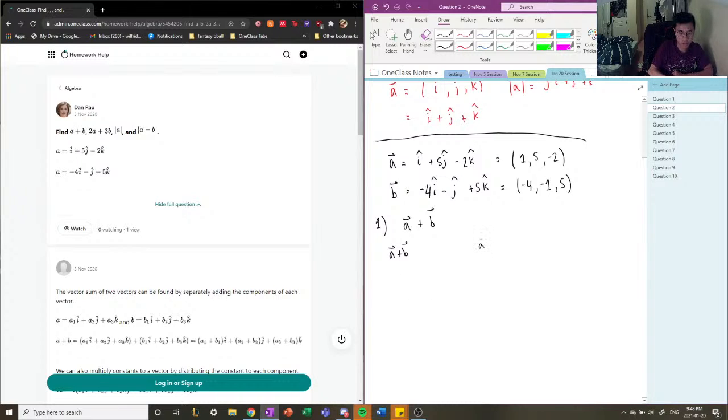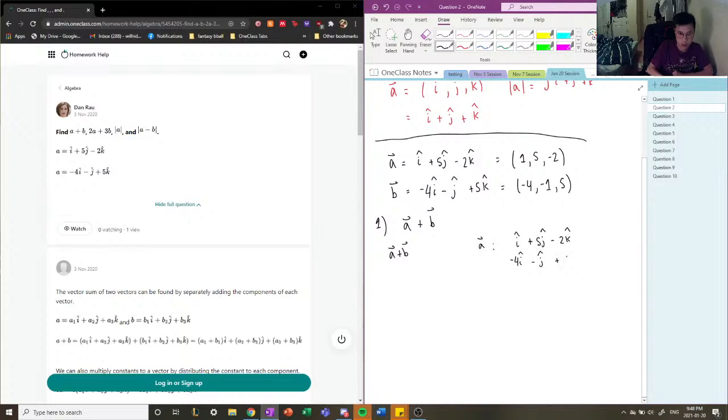Okay, so if we had vector A here, and that corresponds to i plus 5j minus 2k, we're going to add each of the components separately. We're not going to add them all together.